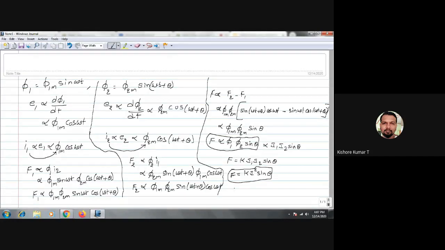In general, F is written as K into M N sin theta, where M and N are nothing but actuating currents produced by phi 1 and phi 2. M is the actuating current produced by phi 1 and N is the actuating current produced by phi 2. This is about the expression for force or torque.